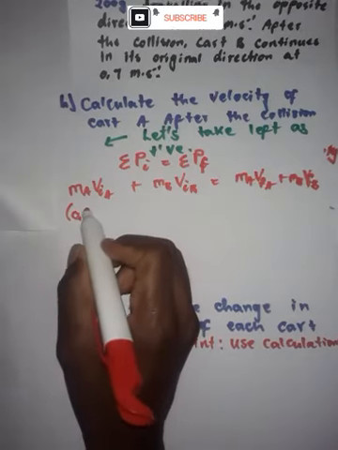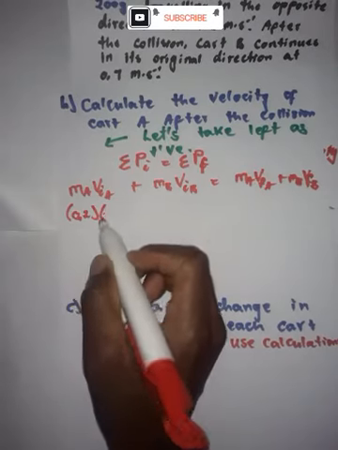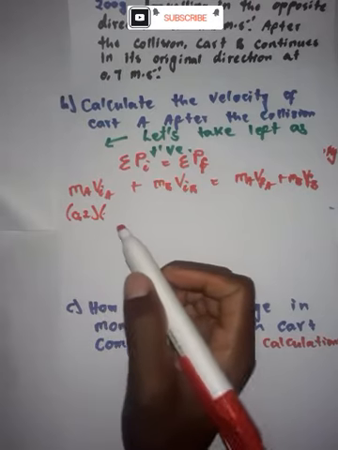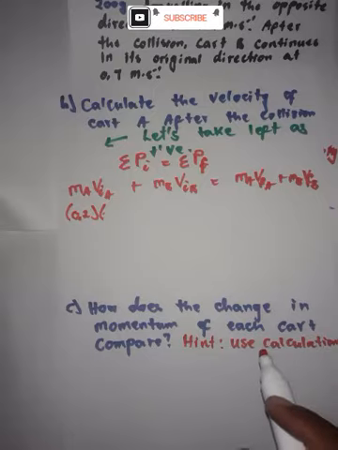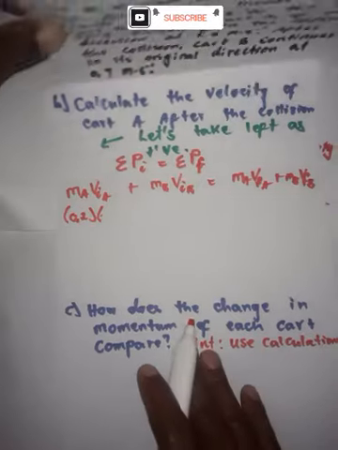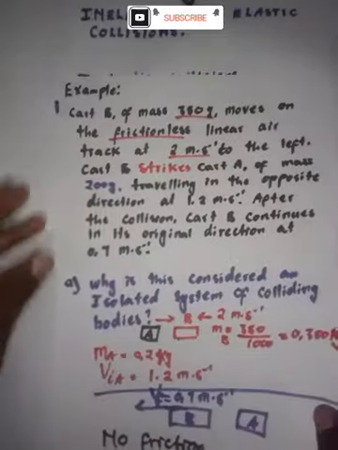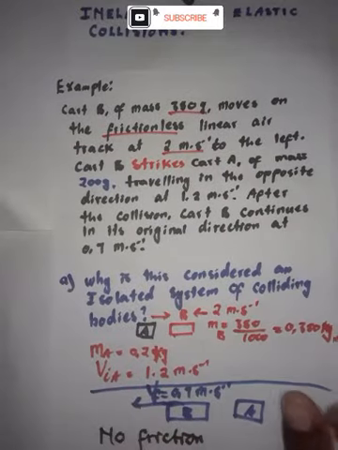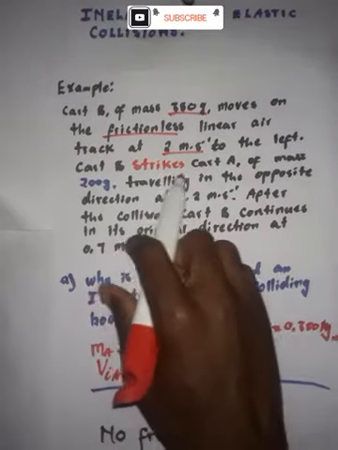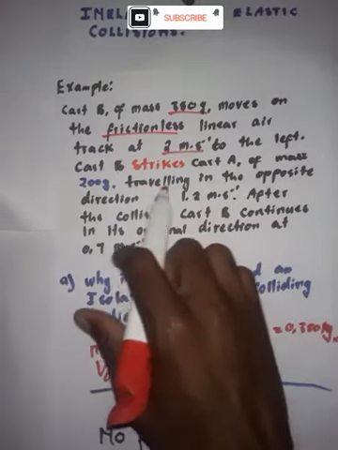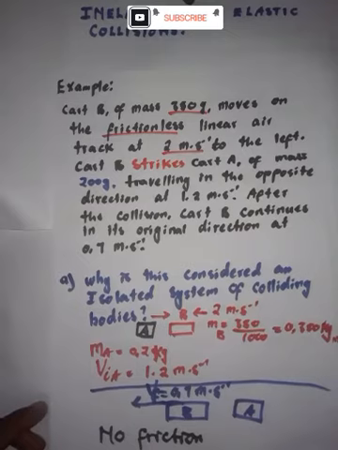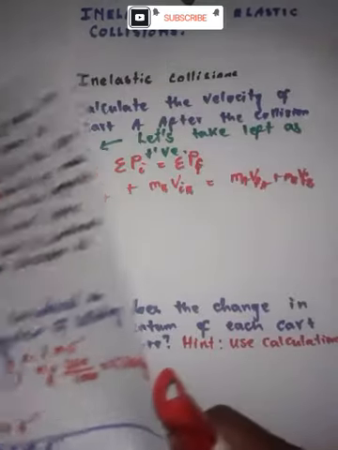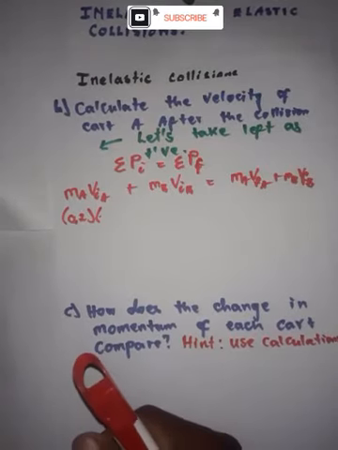The mass of A is 0.2, and then they gave us the initial velocity of A. But remember that cart A was moving in the opposite direction to cart B. If you go back and read here, it says traveling in opposite direction with velocity of 1.2.